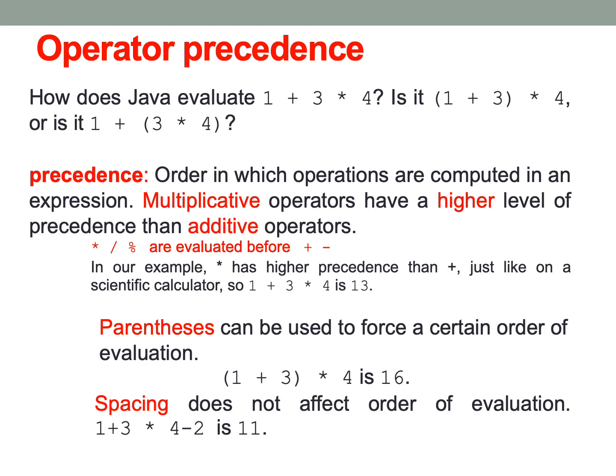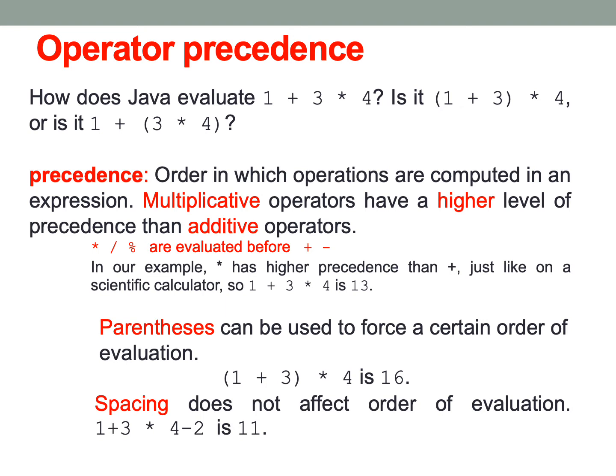Operator precedence. How does Java evaluate 1 plus 3 times 4? Is it in parentheses 1 plus 3 and only times with 4? Or is it 1 plus, in parentheses, 3 times 4? Precedence is the order in which operations are computed in an expression. Multiplication operators have a higher level of precedence than additive operators.